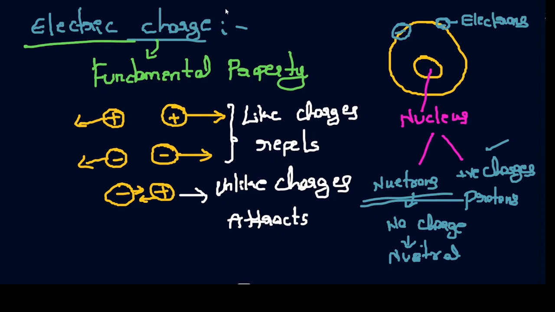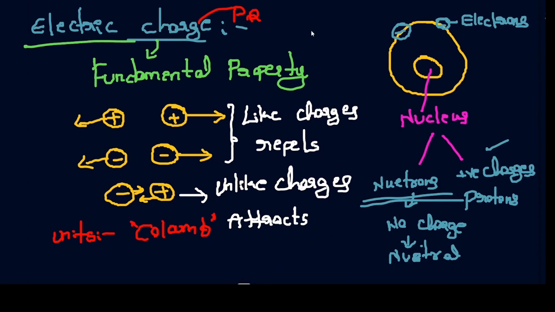But what about this electric charge? Electric charge is a physical quantity, right? So any physical quantity has some units. Then what about the units of electric charge? That is nothing but the coulomb. Now, what is the charge of one particle?